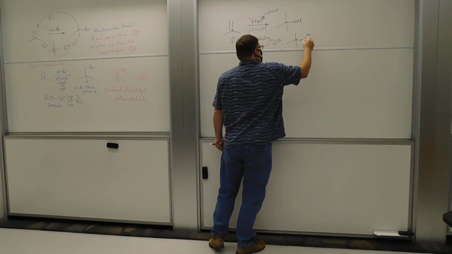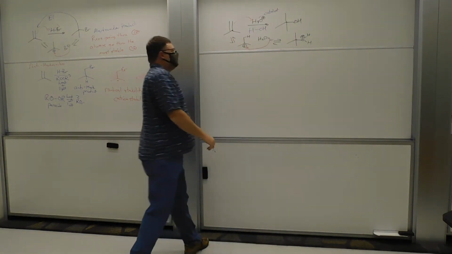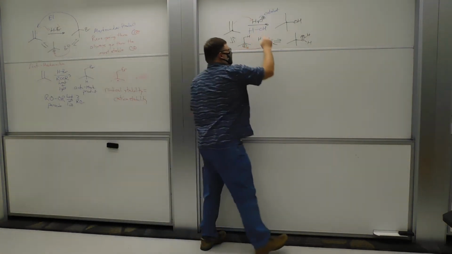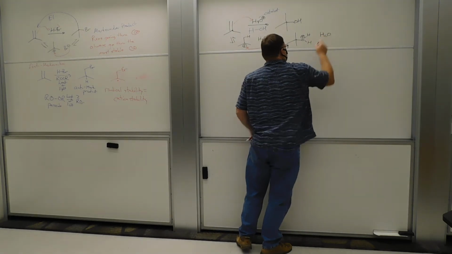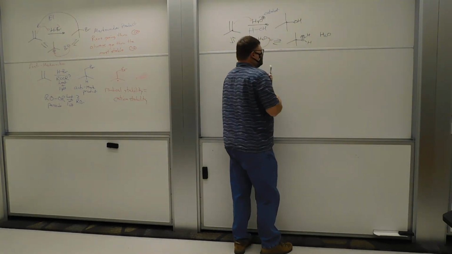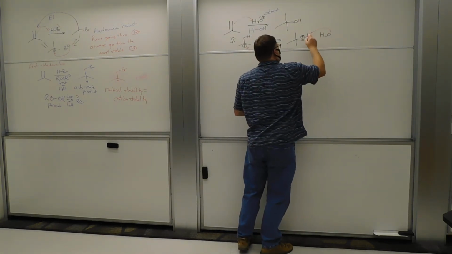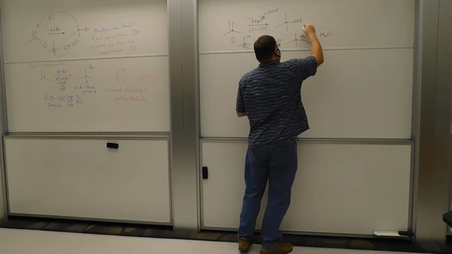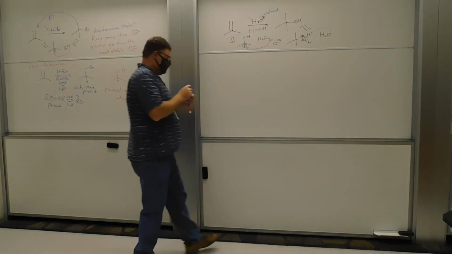So you need to bring in both hydrogens with that. And then you're working with water as a solvent here. So water will take that proton and give you the alcohol.